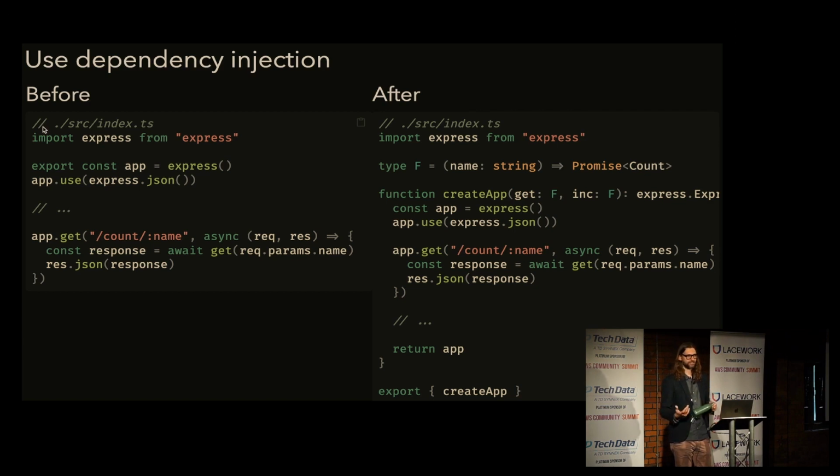And in a typical serverless application, you may only have 5 or 6 dependencies that you have to wire up. It's not like you're having to create huge graphs of downstream dependencies. In this case, the dependency is the get function and the increment function, which match the type definition there, which is any function that takes in a string and returns a promise of a count, you can pass that instead of the database code.